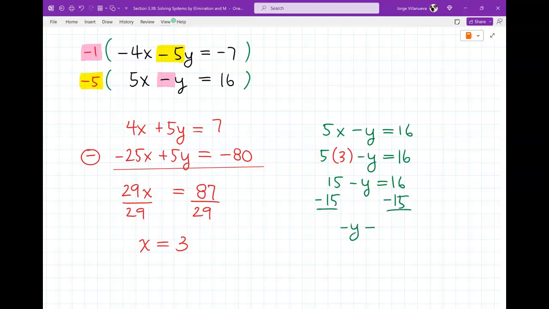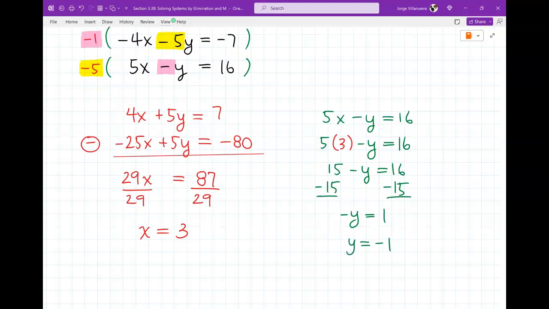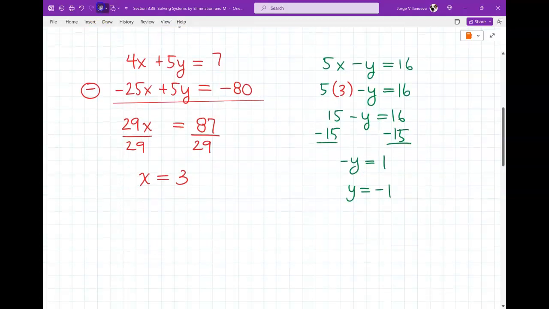So I get negative y equals 1. And if I divide both sides by negative 1, I get my answer of y equals negative 1. So my solution for this problem is 3, negative 1.